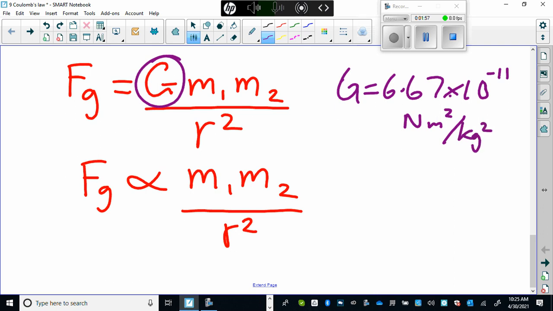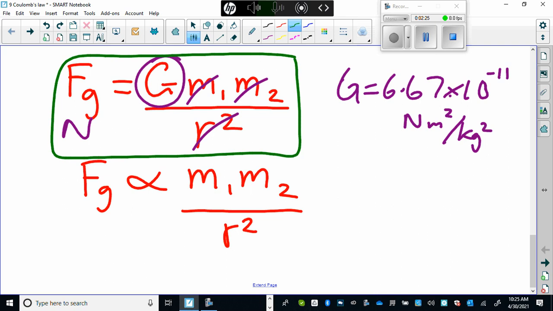That's so that this cancels and this cancels, leaving you with newtons. That's why the units for the universal gravitational constant are such. So that's the gravitational force between two objects. Newton came up with the idea, Henry Cavendish came up with G, and then we end up with this formula right here that measures the gravitational force between two objects.